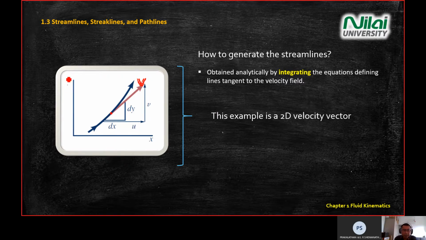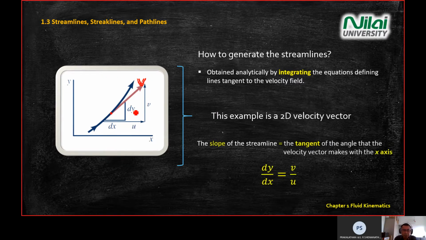We are given a 2D problem, so we know that the slope of the streamline equals the tangent of the angle that the velocity vector makes with respect to the x-axis. This is the definition used to develop the equation to solve or visualize the streamline.